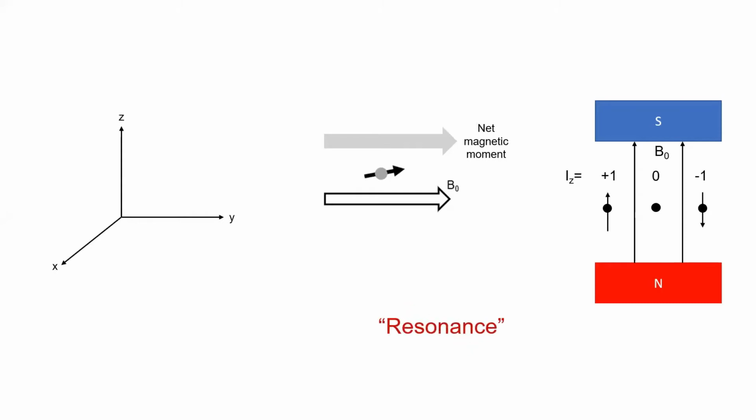The idea is to supply a very small magnetic field along the x-axis, but one which is oscillating at or near the Larmor frequency, that is, resonant with the Larmor frequency, the frequency with which the spins precess. Our next question will be, how can a small magnetic field overcome a strong magnetic field?